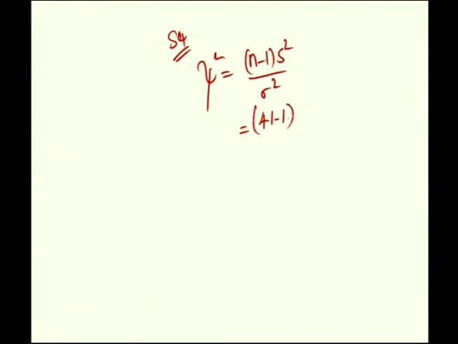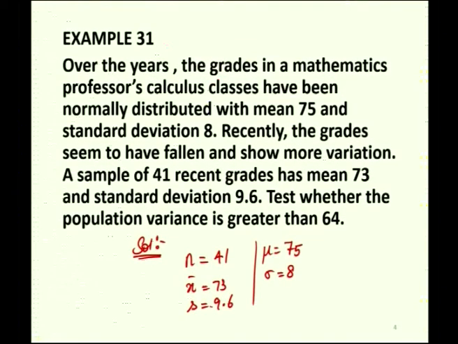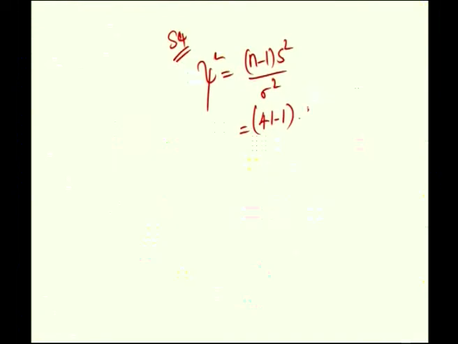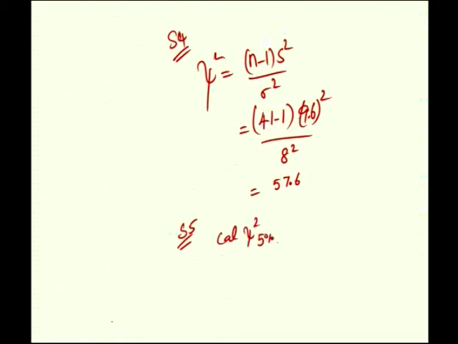So 41 minus 1 into what is s square value? s is 9.6, therefore 9.6 whole square by sigma square, which is 8 square, and this value comes to be equal to 57.6.